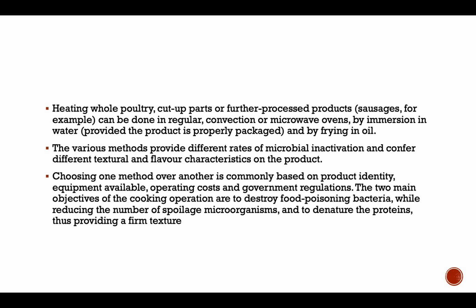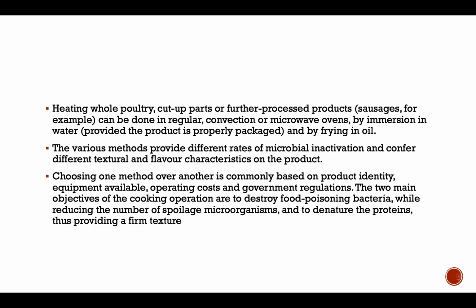Heating whole poultry, cut parts or further processed products, sausages for example, can be done in regular convection or microwave ovens, by immersion in water, by providing the product in a properly packaged form, and by frying in oil. Various methods provide different rates of microbial inactivation and confer different textural and flavoral characteristics to the product.